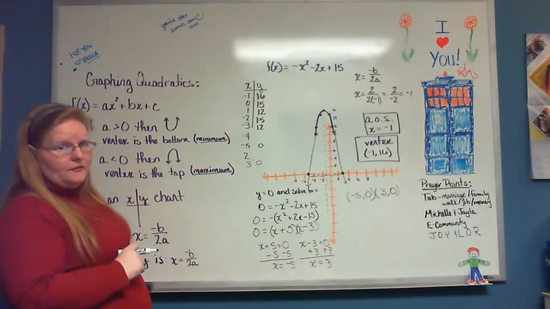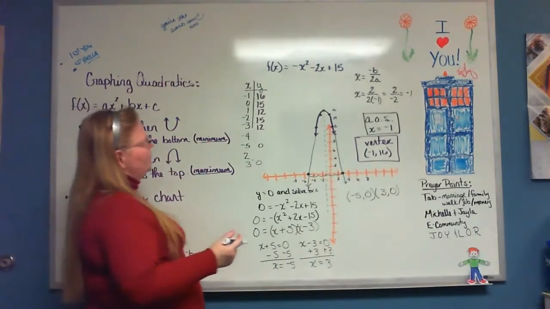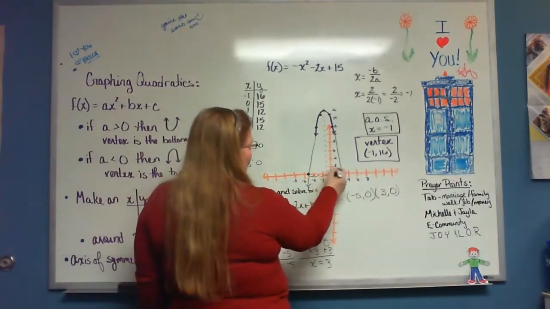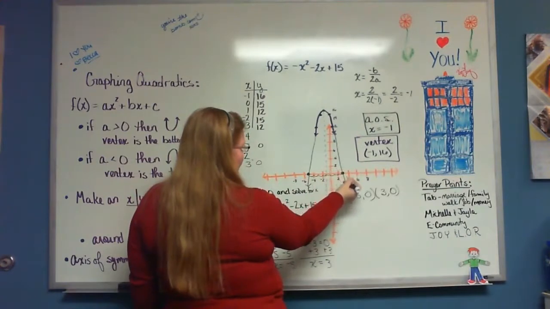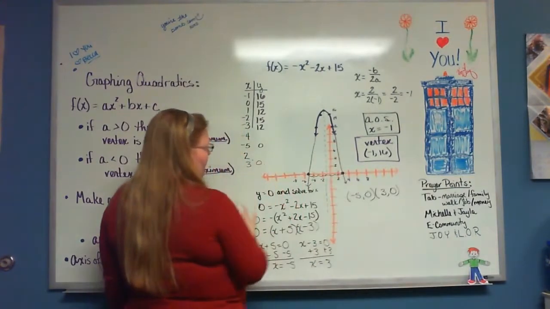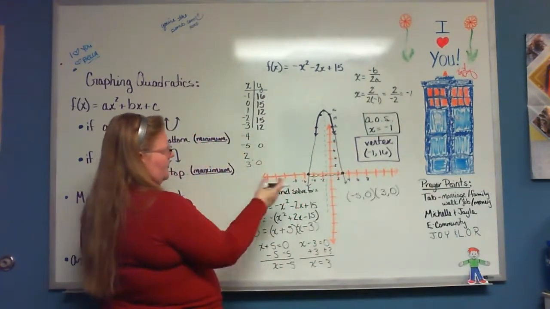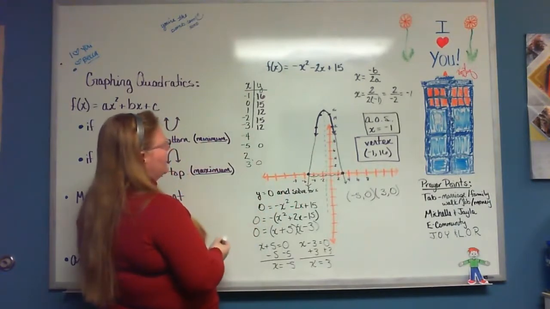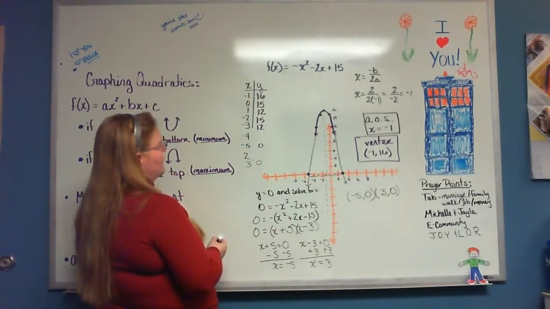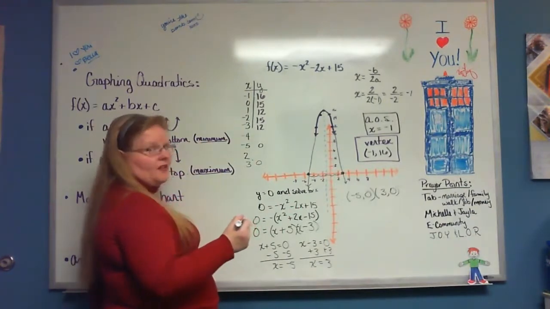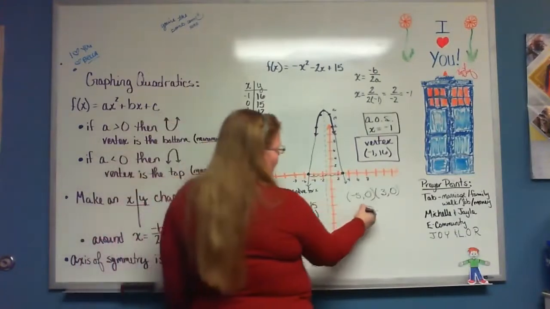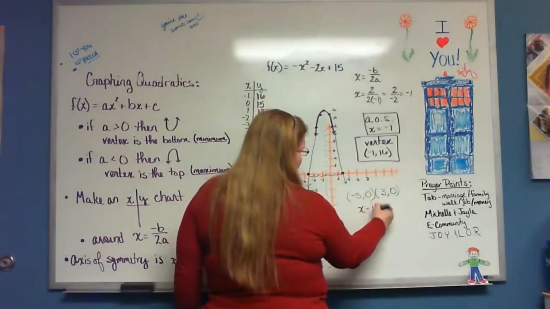So really, if you wanted to, I suppose you could only find points on one side and then just copy over the answers for the other side, because they're always the same anyway. Wow. Dude, that's a lot. So these are your x-intercepts.